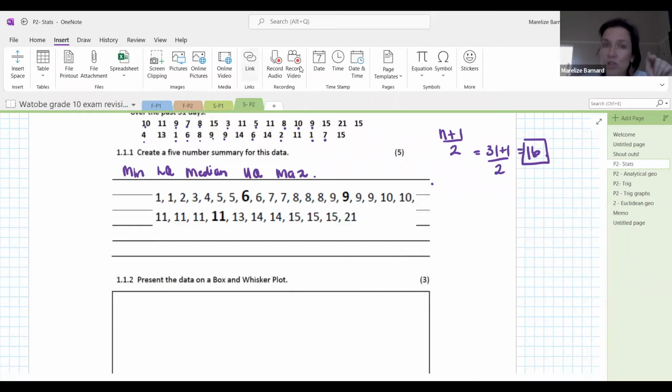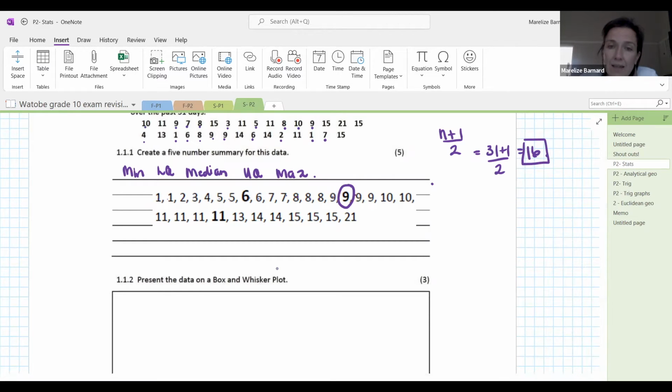But that's not what this means. It means the 16th data value is the actual median. So 1, 2, 3, 4, 5, 6, 7, 8, 9, 10, 11, 12, 13, 14, 15, 16. So 9 is going to be the middle, the 16th data value. So that's our median.